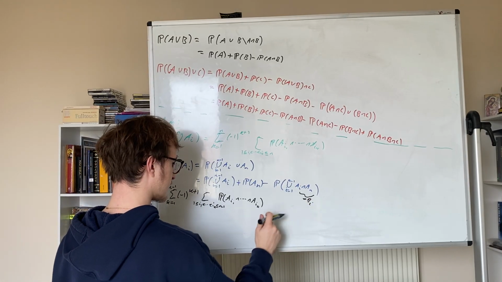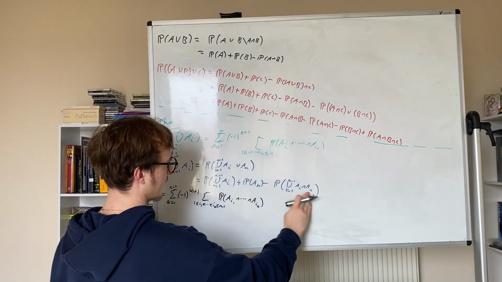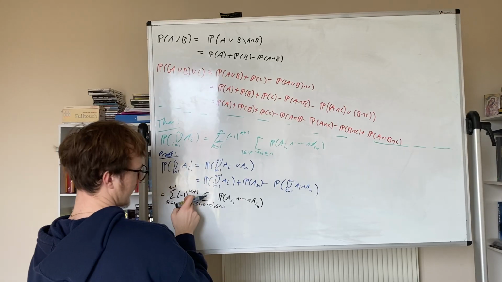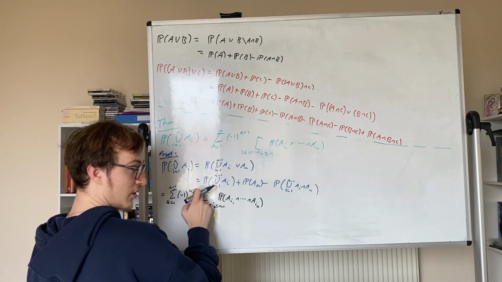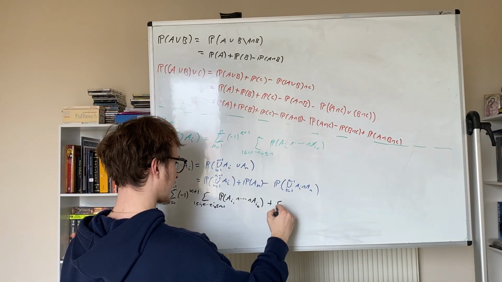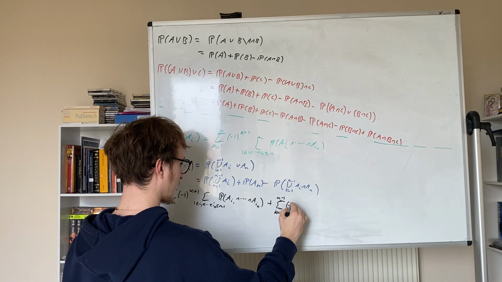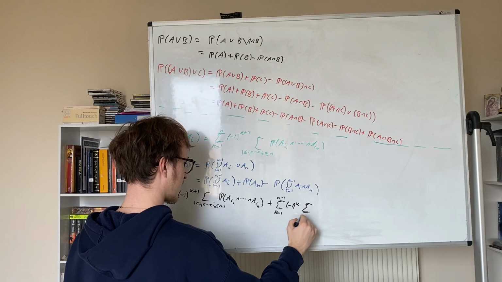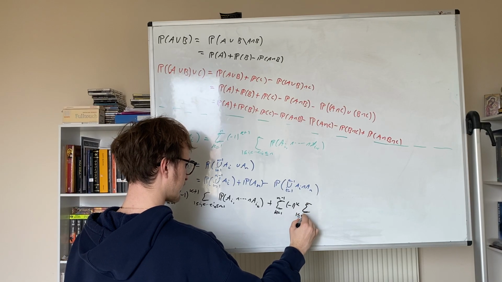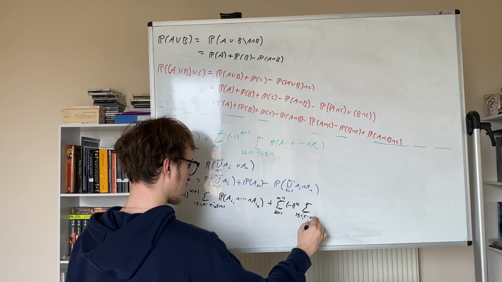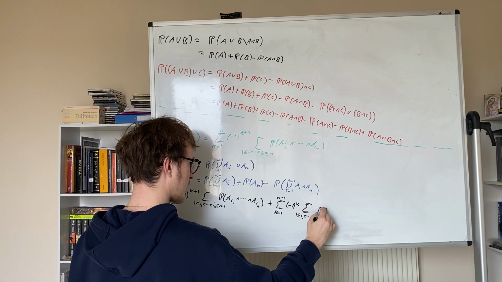So, just remember that this is Bi. So let's just put the sign here. So we add the sum from k equals 1 to n minus 1 of minus 1 to the k, sum over all of the Bi's.